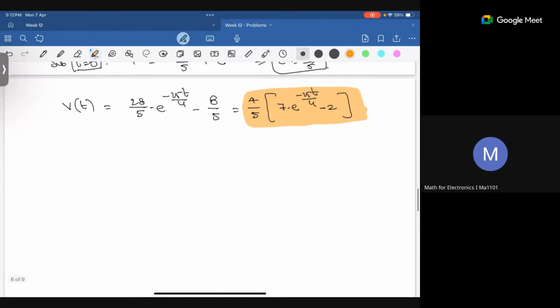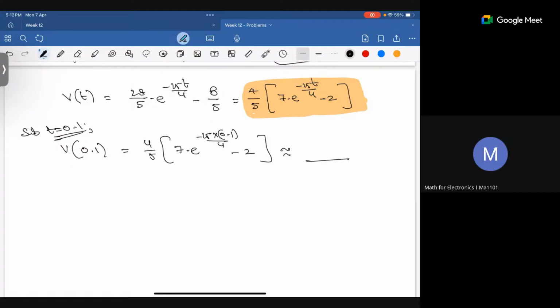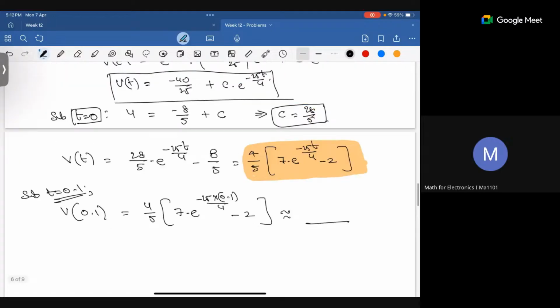So if I have to find the speed at 0.1 second, I just have to substitute t equals 0.1, right? So v of 0.1 will be 4 by 5, 7 into e power minus 25 into 0.1 by 4 minus 2. Okay, so solve this and you'll get an approximate value for this.